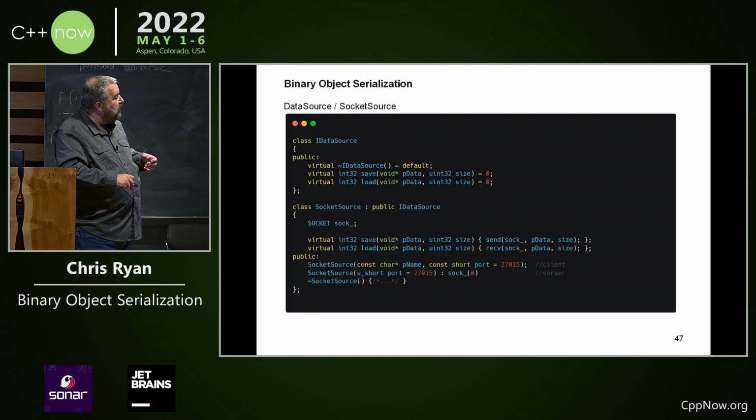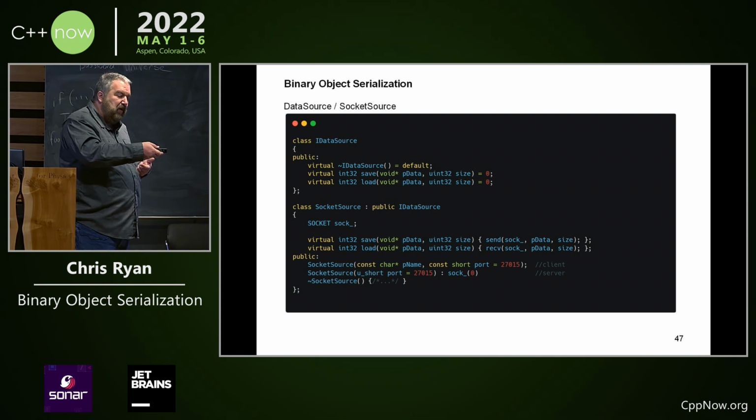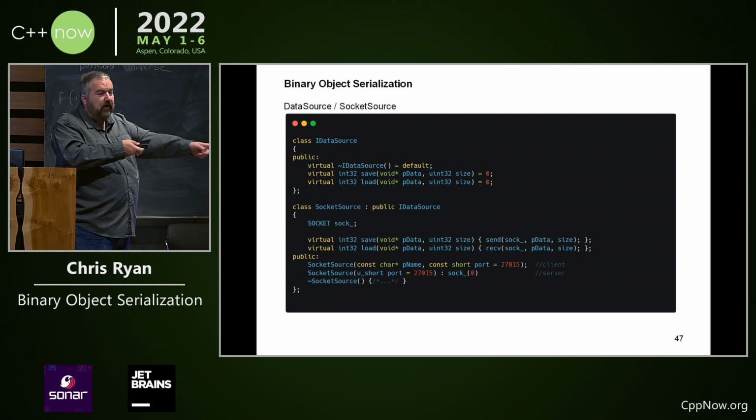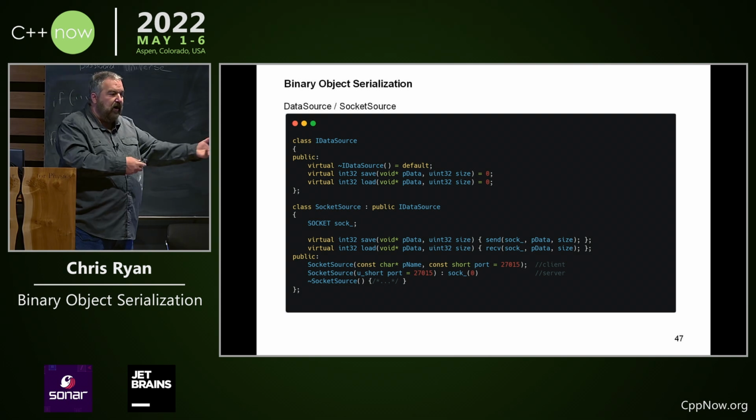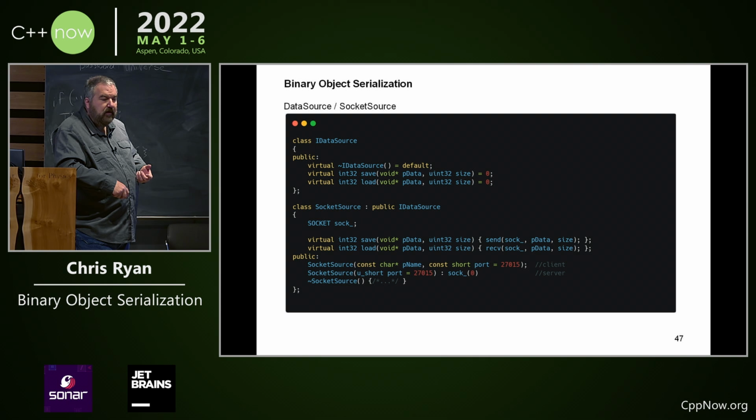I can also have an archive stream something out to a socket. So I have a socket source, and I could construct a client or a server, and they can connect to each other. I stream out on one, the other guy goes to receive it and can just serialize in the data across the wire.